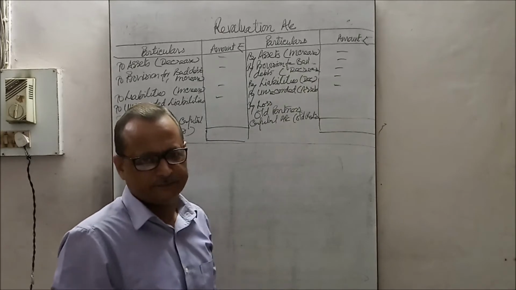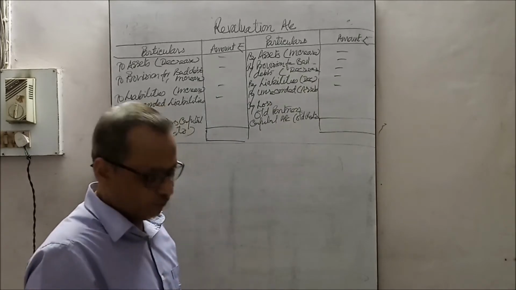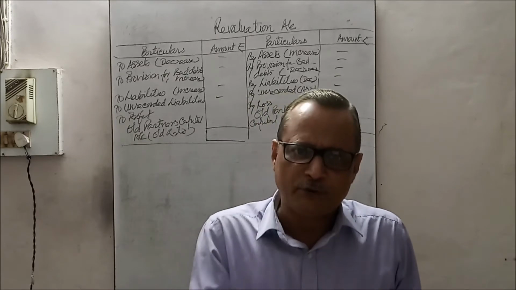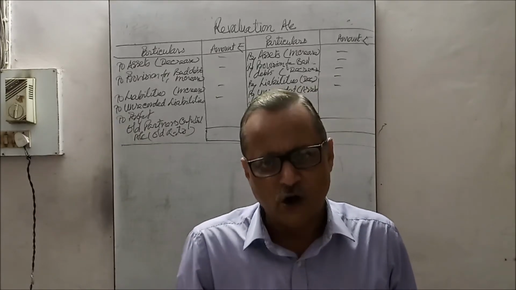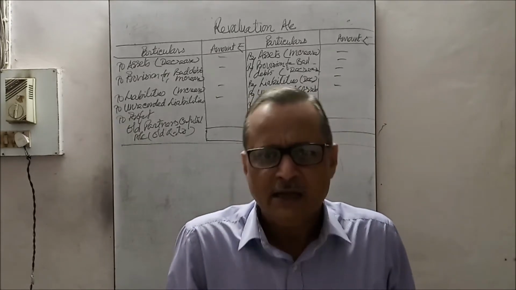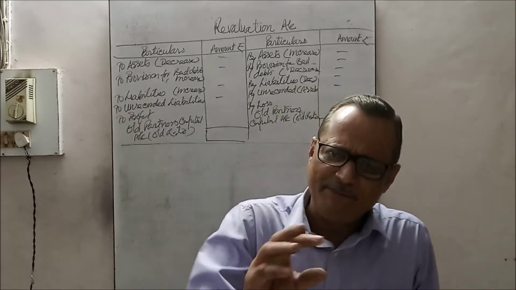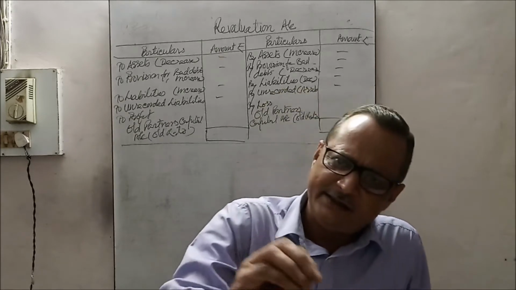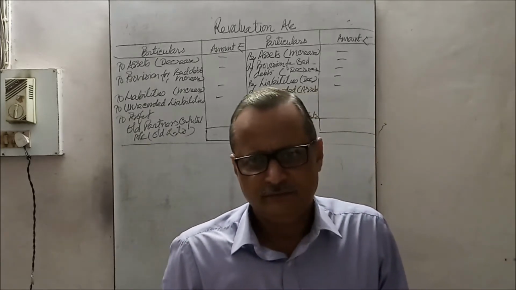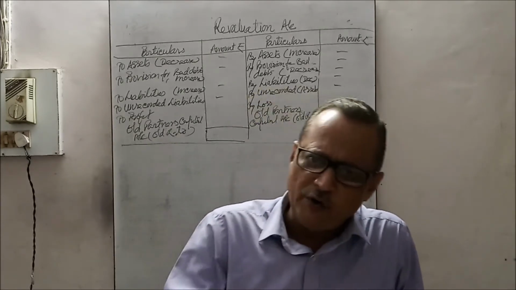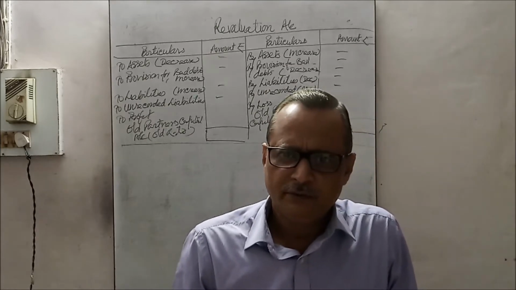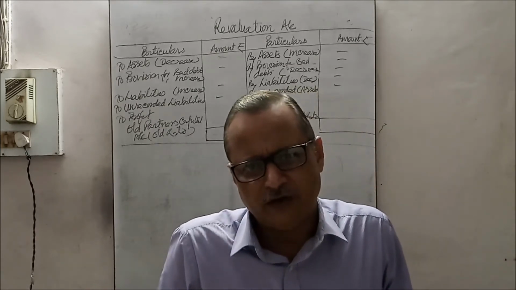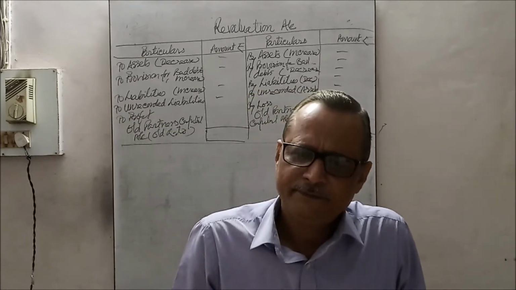revaluation account. Likewise, provision for doubtful debts: if some more provision has to be made on the doubtful debts, previously it is appearing in the balance sheet. Now it is asked in the question to increase the provision for doubtful debts on the debtors with some percentage.